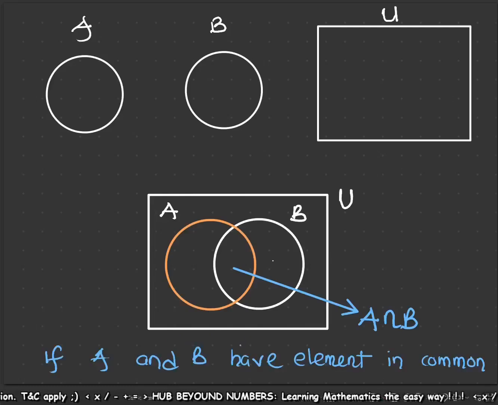Now, what if they don't have elements in common? How do we represent them on a Venn diagram to show that they are all in the universal set?